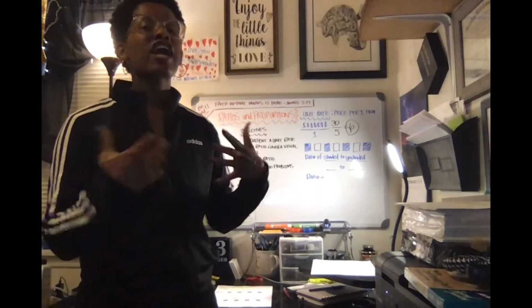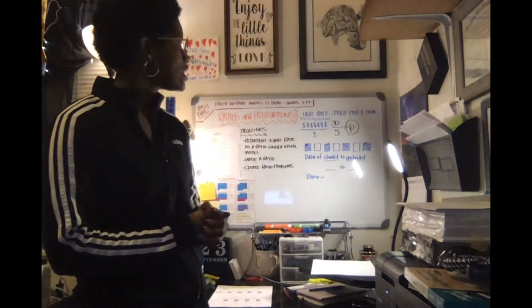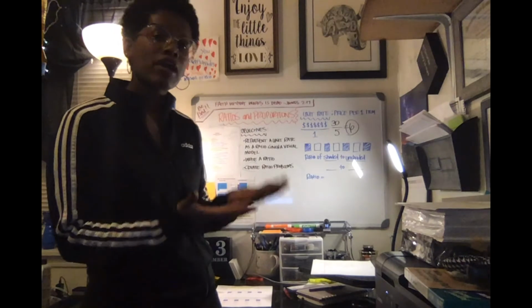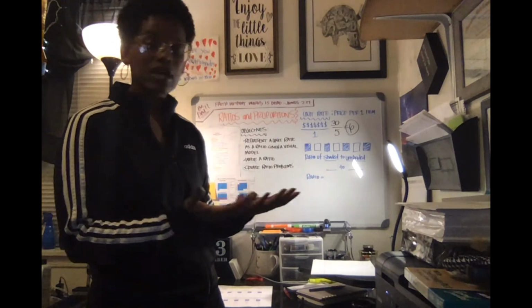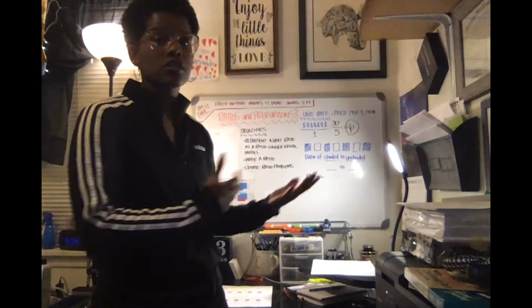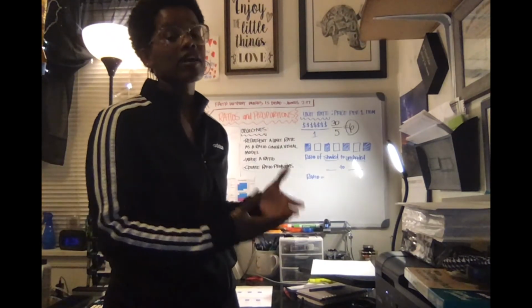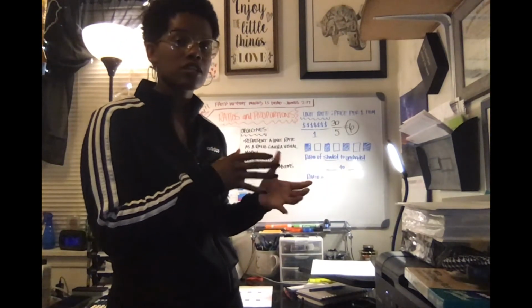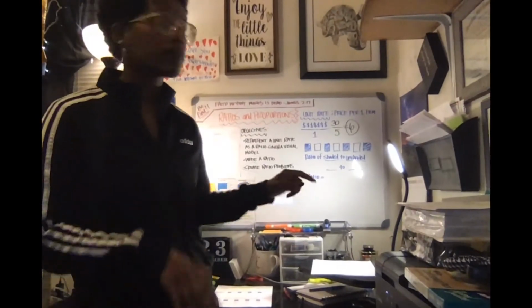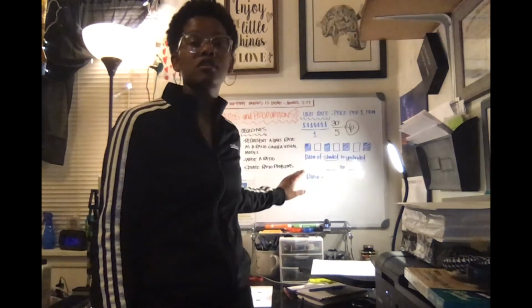What is a ratio? A ratio is the comparison of two quantities of things compared to each other. How many of this versus how many of that do I have? And the ratio is the fraction that comparison of those two things makes. For example, I have on the board some squares. Some are shaded and some are unshaded.